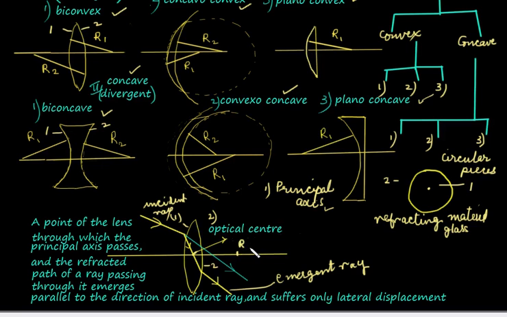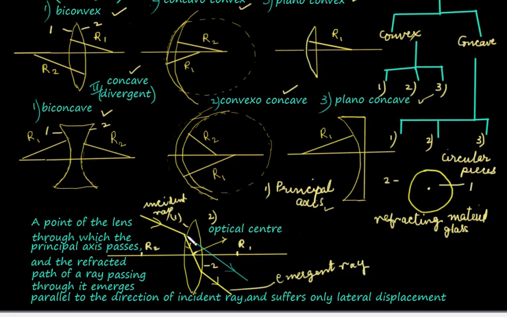This is R1 and this is R2, because we have taken this surface as 1 and this surface as 2. So this line passing along the two radii of curvature will also pass through this central portion.